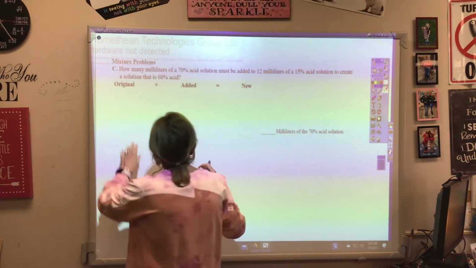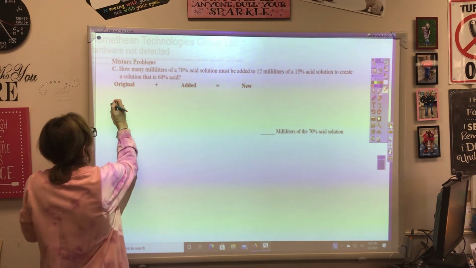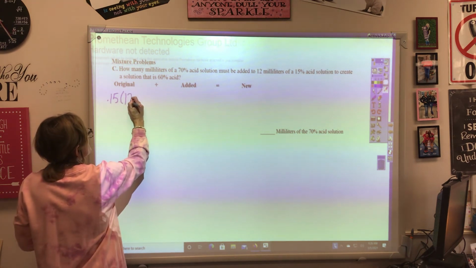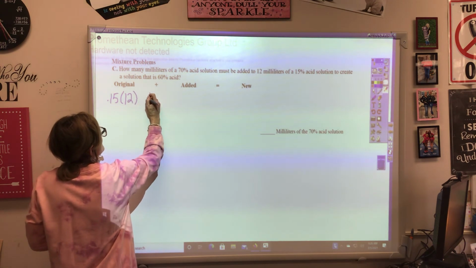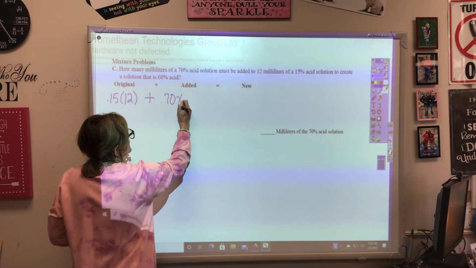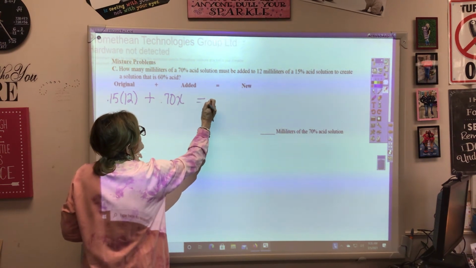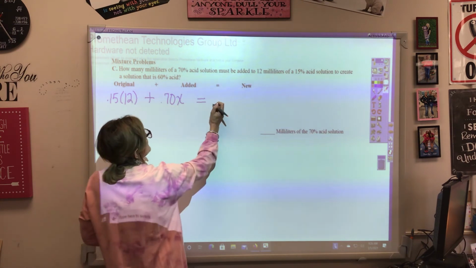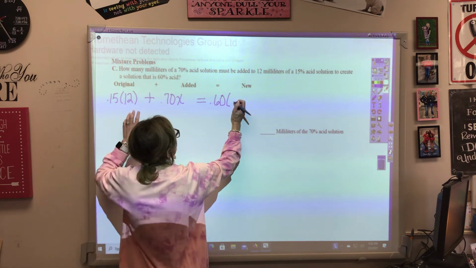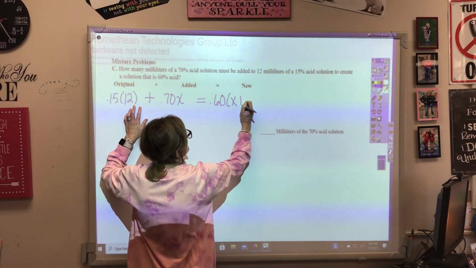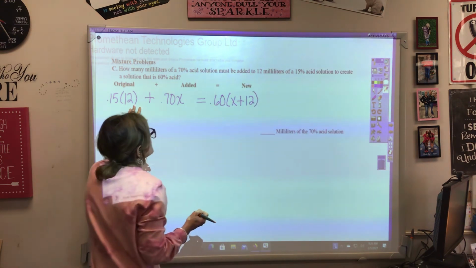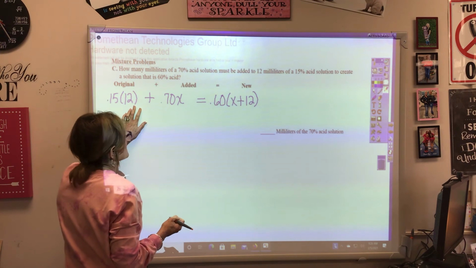So what we have for our original part is 0.15 times 12. What we're going to add to that is 0.70 of our unknown x, and what we want it to equal is 60% acid, so 0.60 times x plus 12, because that's the amount of milliliters we will need to create this 60% solution.